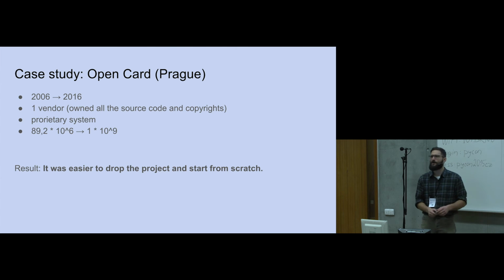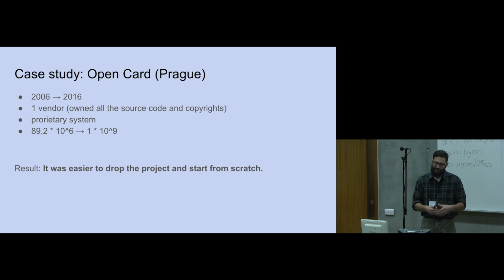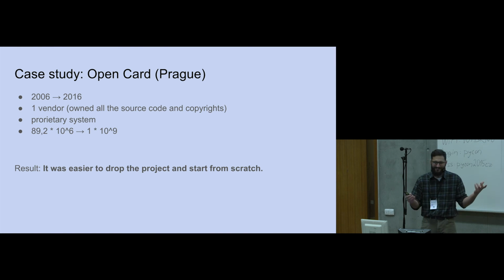Case study Opencard Prague. I don't know how many of you are from the Czech Republic. For those who are not, it was a project that lasted like 10 years, which is pretty long actually, and there was only one vendor, and he owned the whole source code, and all the copyrights even to the project itself. It's supposed to be the card of a person living in Prague.